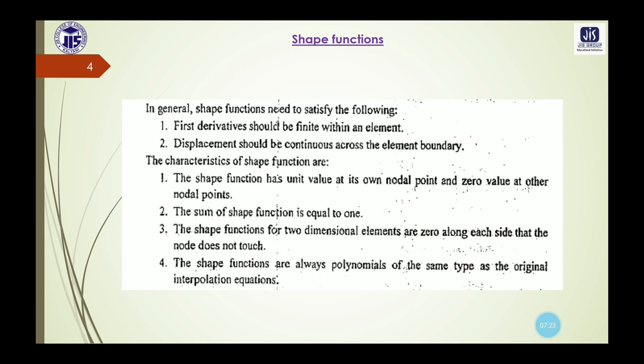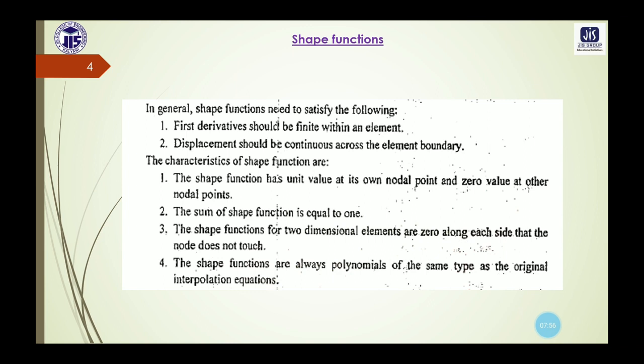The shape function has some properties, like the first derivative should be finite within an element, and displacement should be continuous across the element boundary. And the characteristics of the shape function are that it has unit value at its own nodal point and zero value at other nodal points, and the sum of the shape functions is equal to 1.